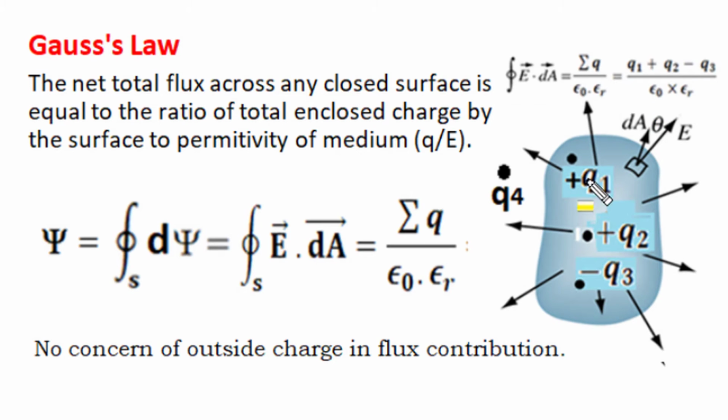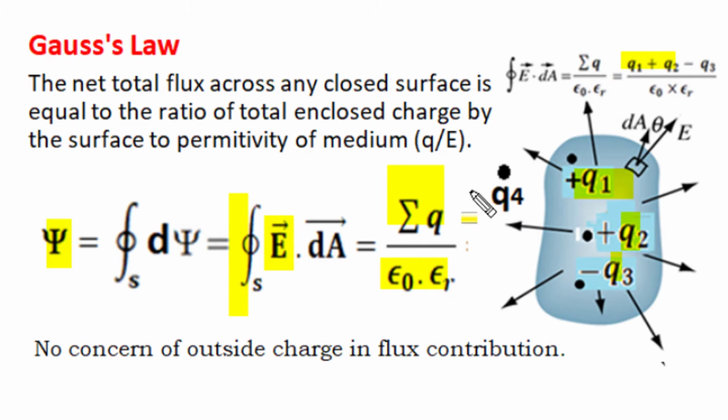If surface encloses more than one charge, then as per Gauss Law, the net or total flux across this closed surface is equal to the ratio of total enclosed charge, that is Q1 plus Q2 minus Q3, and permittivity of the media. So we can say total flux coming from any closed surface is closed surface integration of surface electric field intensity and is equal to ratio of enclosed charge and medium permittivity.